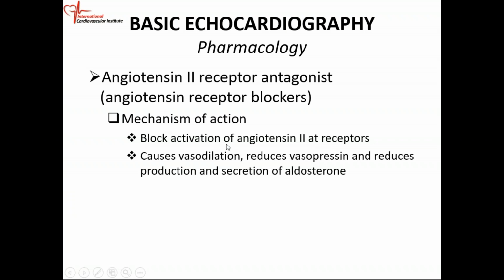So it blocks the interaction of angiotensin 2 with the receptors. As a result of that, it causes vasodilatation, so you can see how good it would be for blood pressure. It reduces vasopressin and it reduces the production of aldosterone as well. Okay, aldosterone is also bad, so it reduces aldosterone.